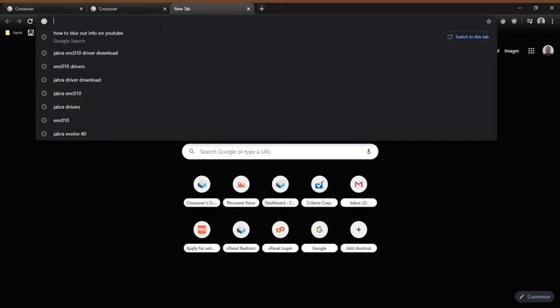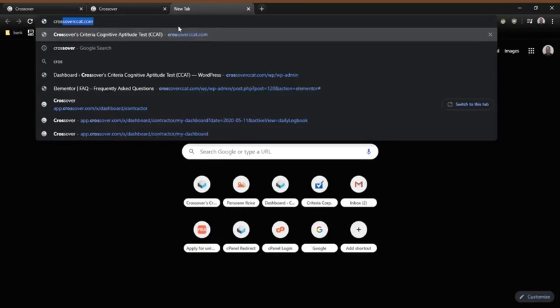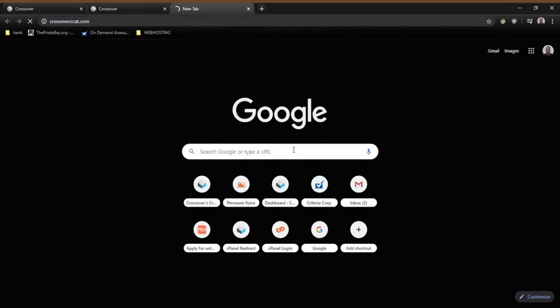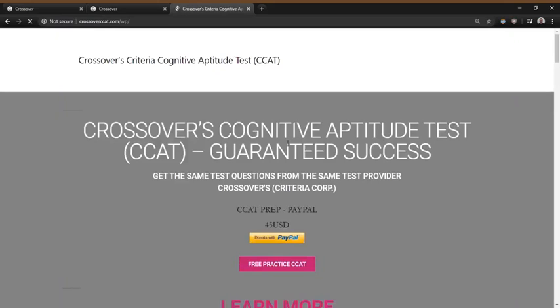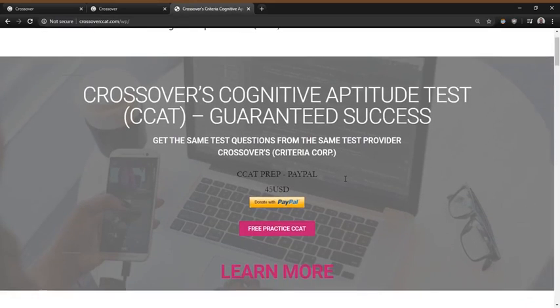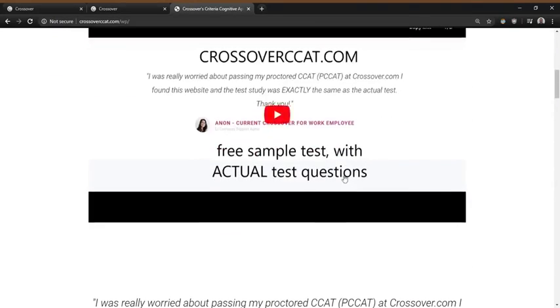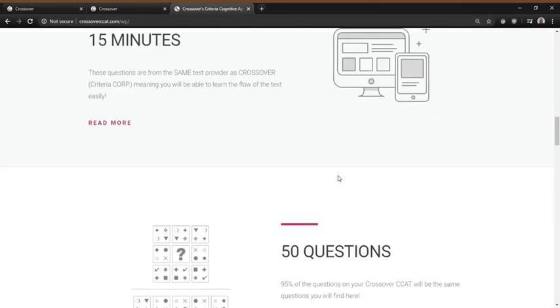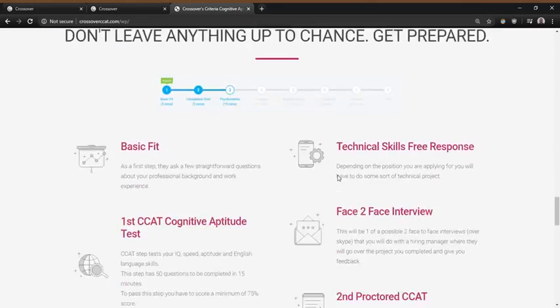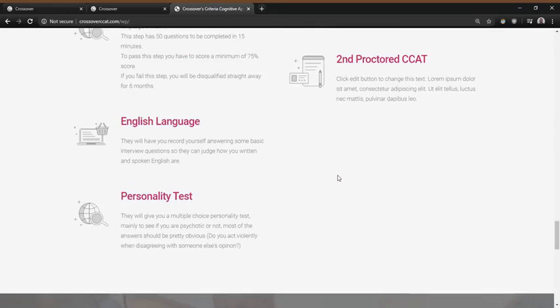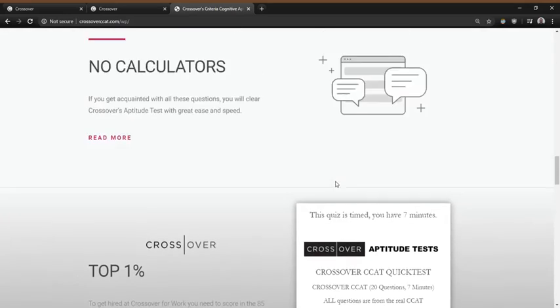And if you want to pass your Crossover CCAT, this is the website that I used. It was extremely helpful. It was 45 bucks, and you get to take the Crossover exam an unlimited number of times. They actually even have a practice test here.